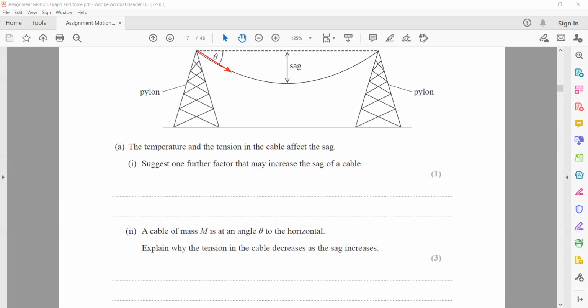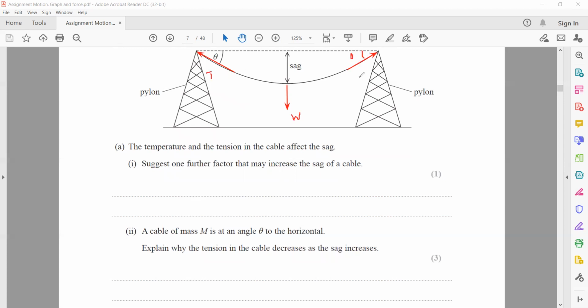The component which is with an angle, if you want to compare with the weight, the weight is acting downward for the cable, and that balances with the tension. The angle will be the same, theta.